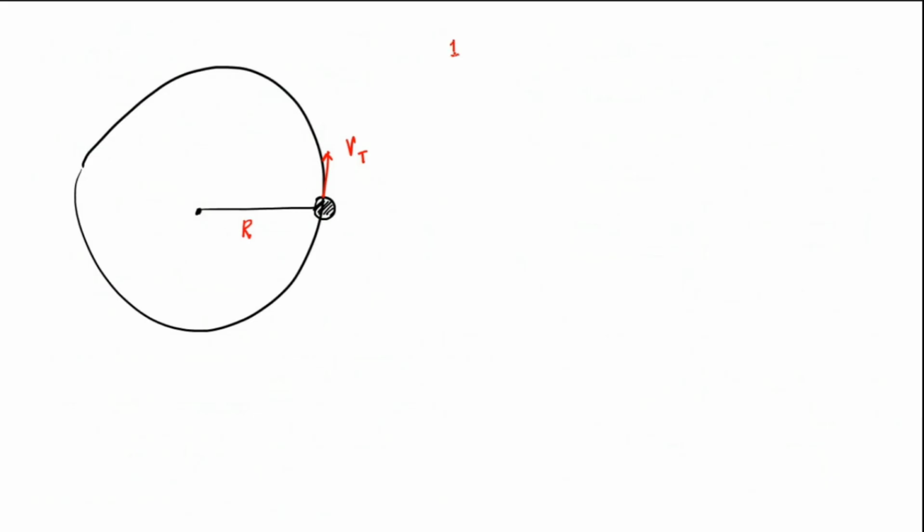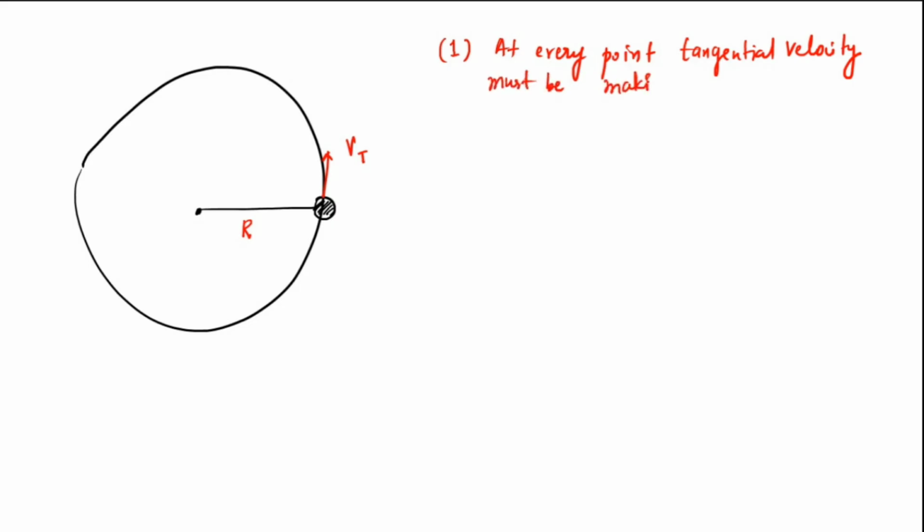This is the first point we can infer. Whatever circular motion it is, this must be there: a 90-degree angle between radius and tangential velocity.